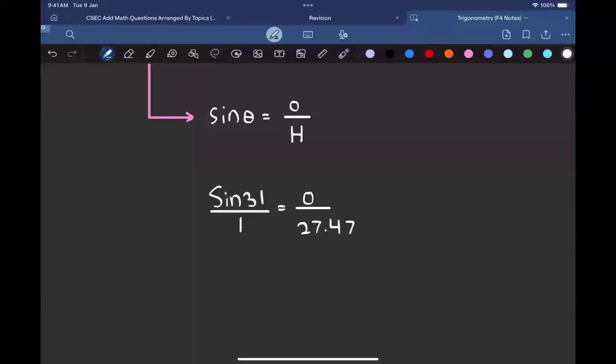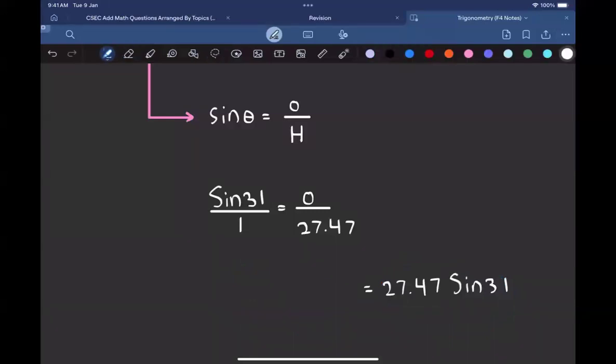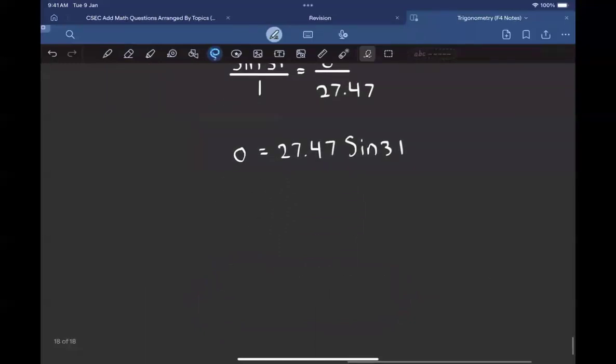Tell me what we would end up with. 27.47 sine 31 is equal to O, so let me switch that one time. So I'll just say O is equal to that. Let me know what you get for O.